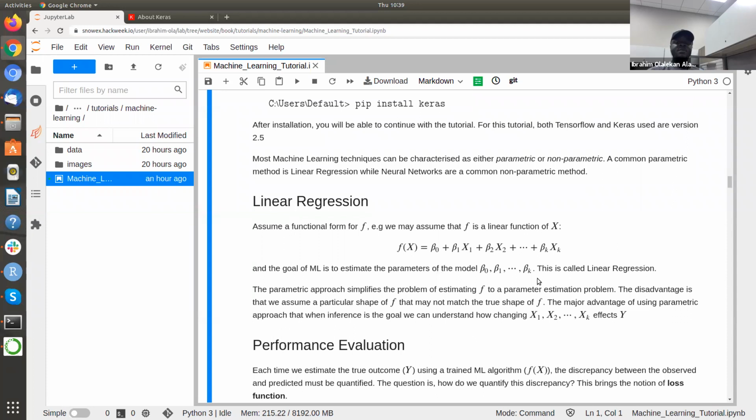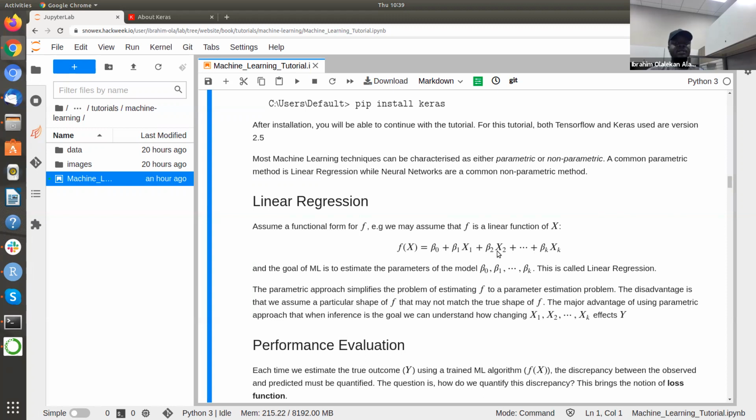But one of the advantages is that it is really fast. Since all you have to do is estimate parameters, it is a good way to go if you want a fast algorithm. Another major advantage of parametric approaches is that they are well suited for inference purposes.